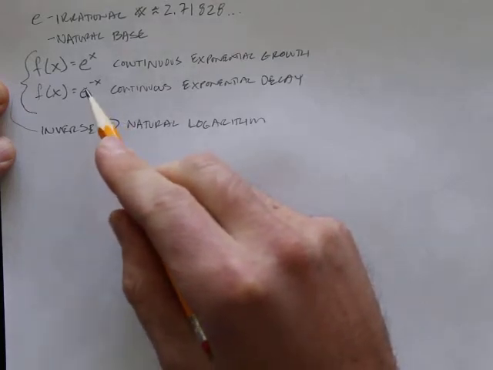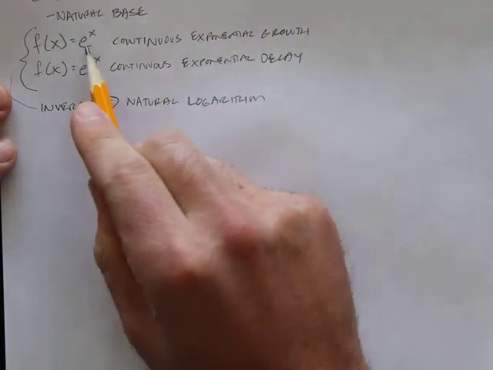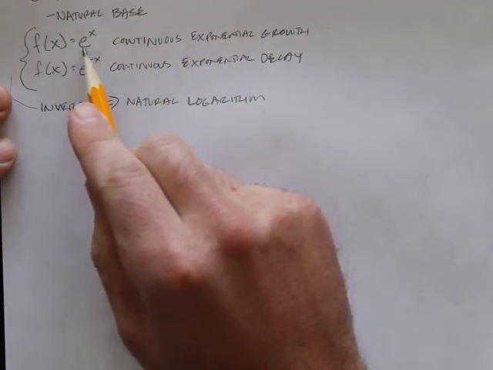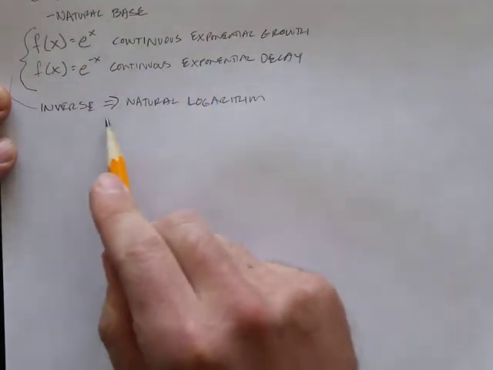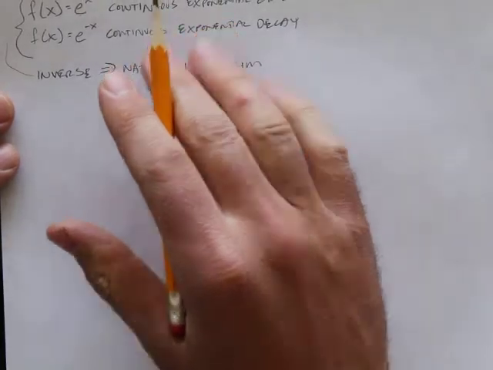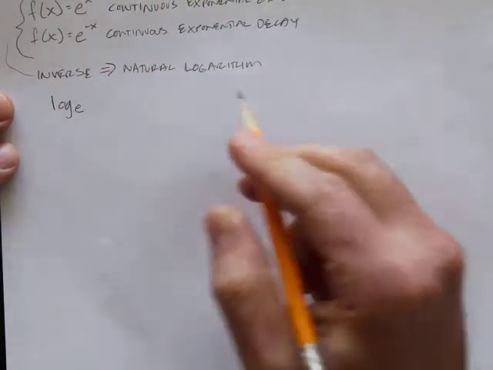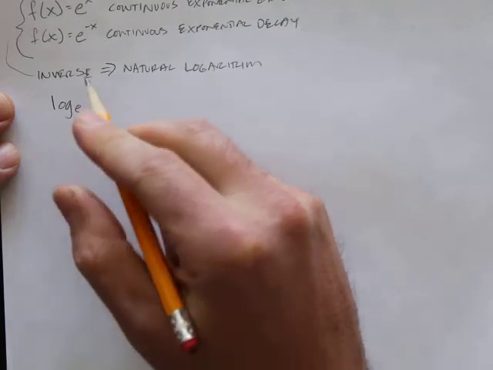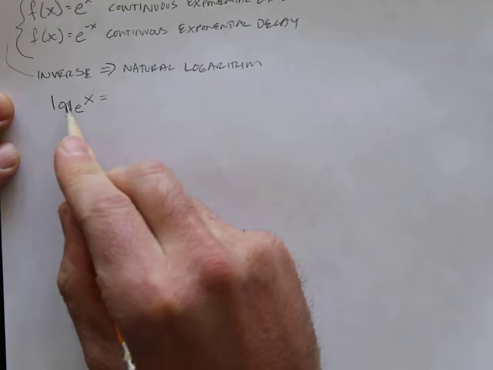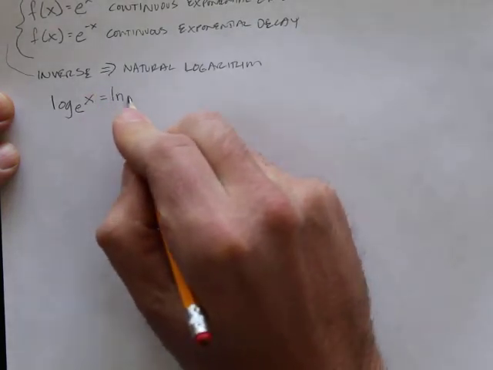And so the inverse of an exponential function that has the natural base e, then we have a natural log. So this is what that looks like. We just have log base e instead of base 5 or 10 or whatever of x. Instead of writing log base e every time, we just write ln of x.